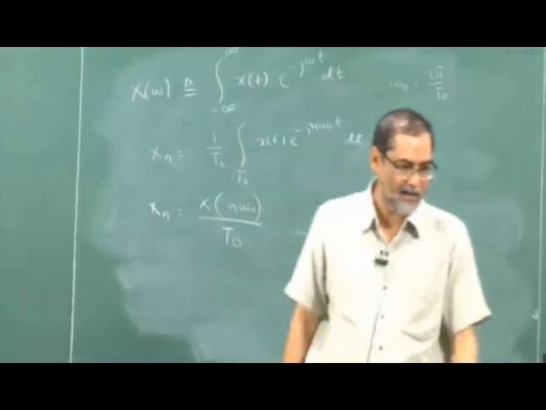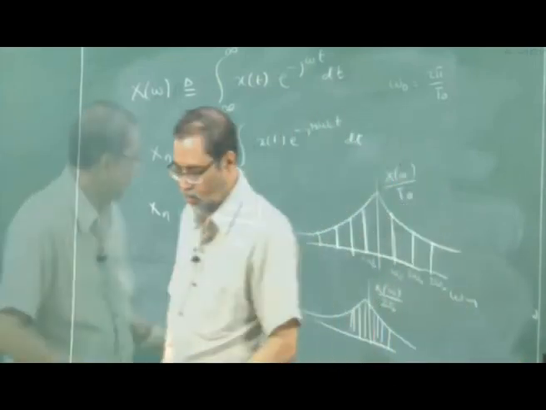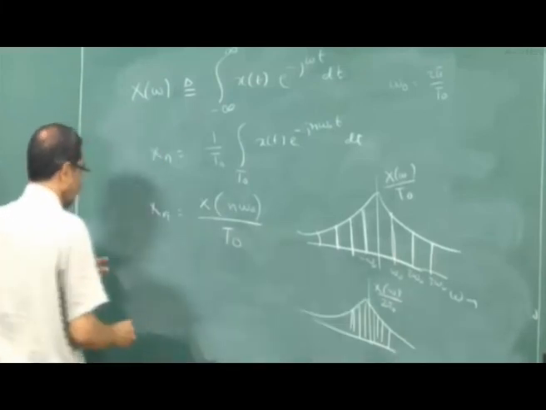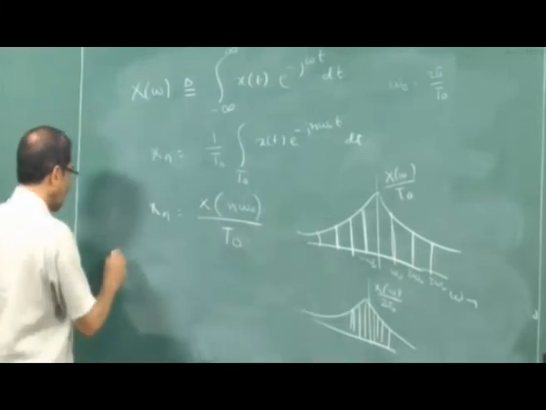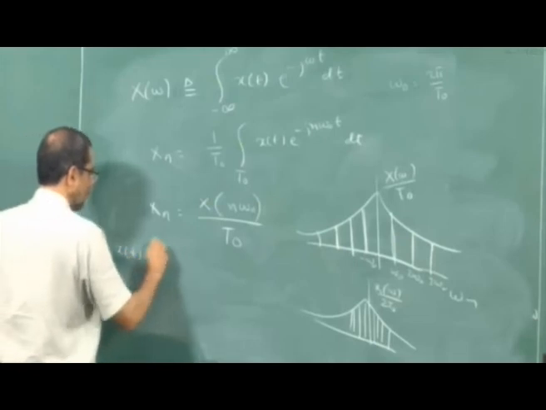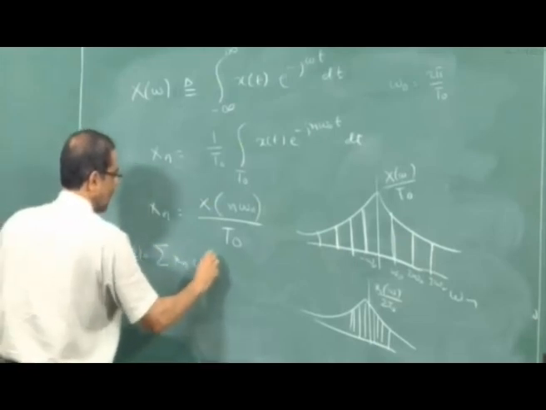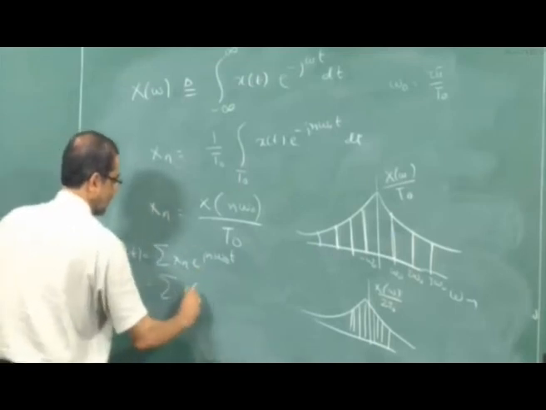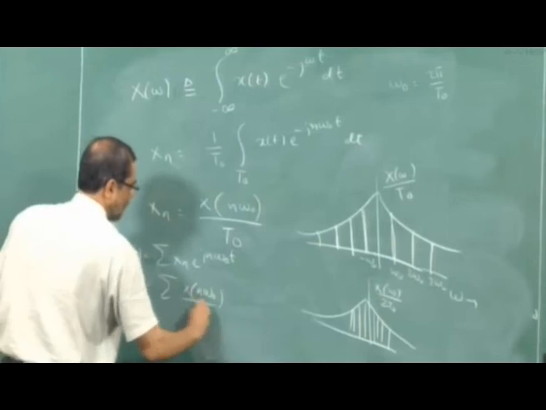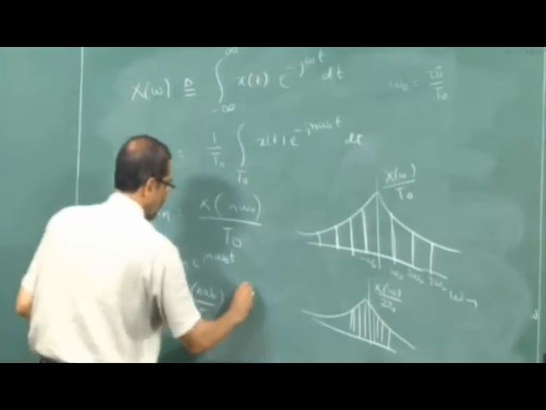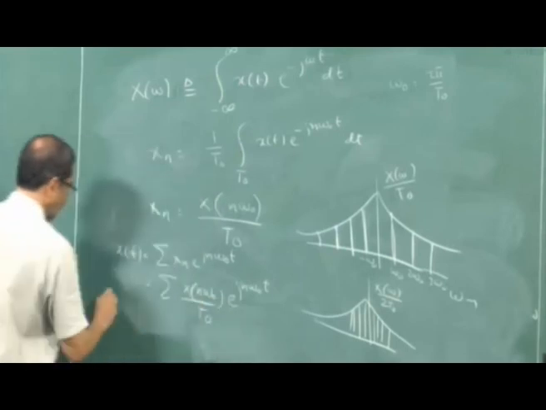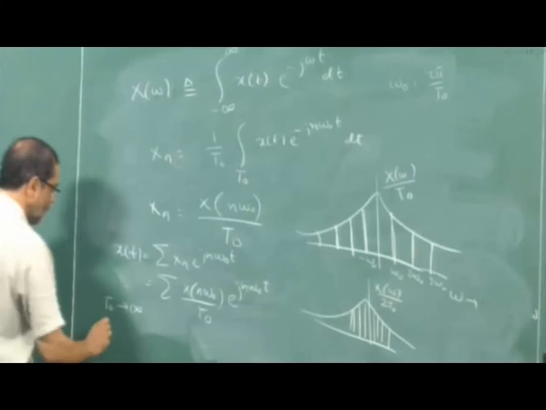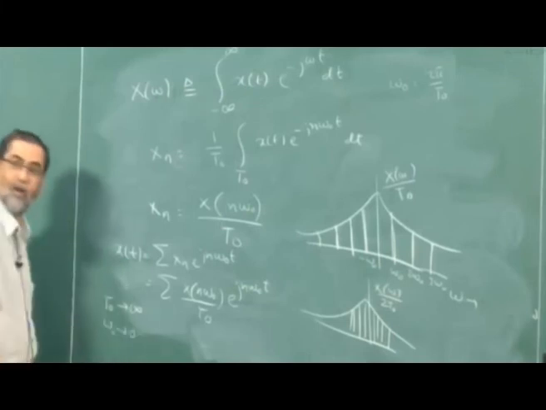So that is what is said, and so with that you can show this leading to a new definition, because remember x of t in the Fourier domain was written as x_n e raised to j n omega naught t, right. X_n is x(n omega naught) by t naught, e raised to j n omega naught t, right, and t naught becomes very large, which means omega naught becomes very small.